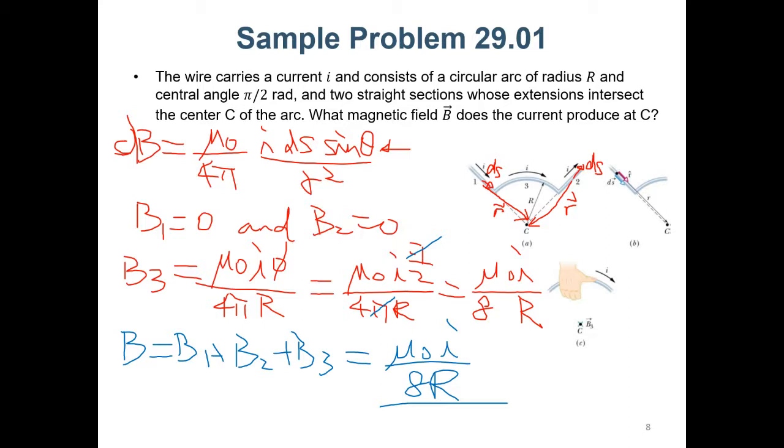And of course, you also need to determine the direction of the magnetic field, and according to the right-hand rule, the magnetic field at point C should be into the page. You can simply use the right-hand rule.